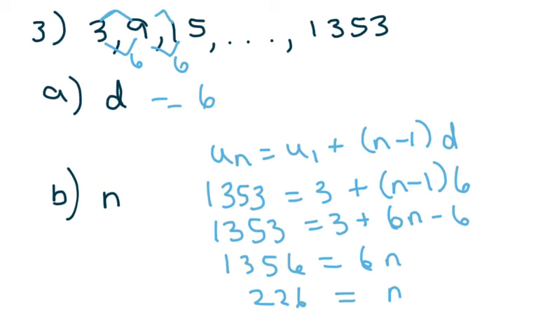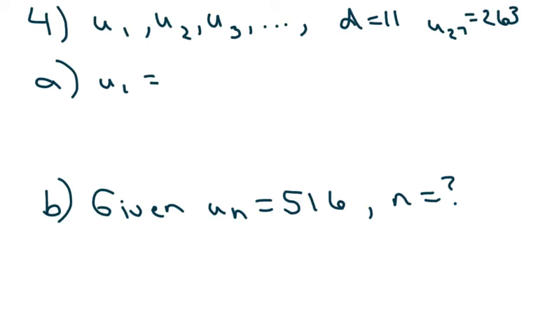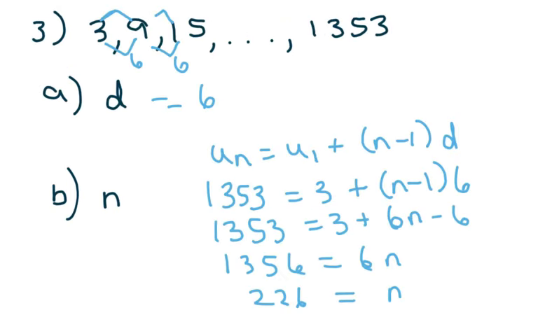Okay, now they want you to find the sum. So, whoops, did we do the sum? Actually, I skipped that. They also want you to find the sum. So the sum would be, and I'm going to squeeze it in here, the sum is your total number, your first term, plus your last term.